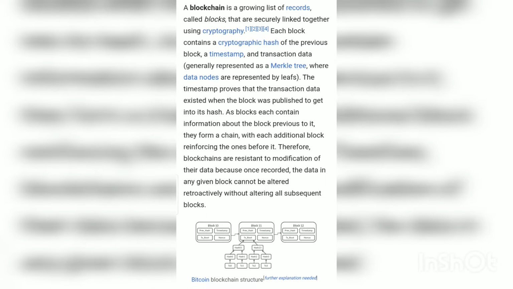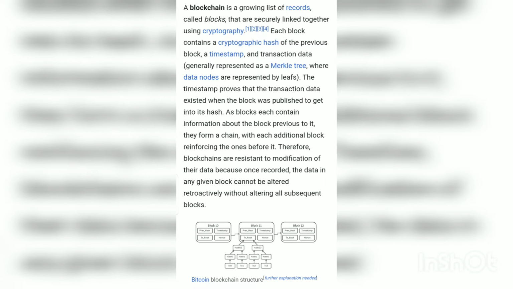The timestamp proves that the transaction data existed when the block was published, in order to get into its hash. As blocks each contain information about the block previous to it, they form a chain, with each additional block reinforcing the ones before it.